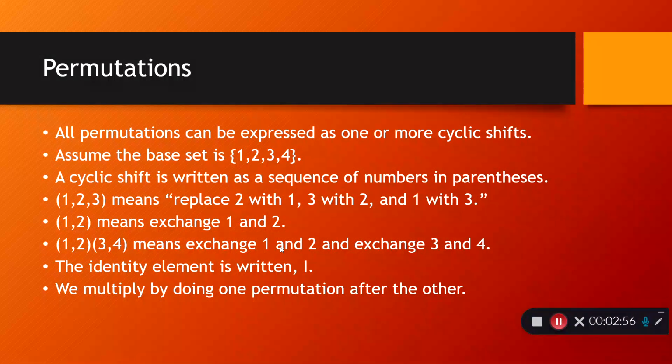Let's assume that our base set is 1, 2, 3, 4. We're talking about all permutations on this set. There are 24 of them. All permutations can be expressed as one or more cyclic shifts. And this is the typical way to do it.